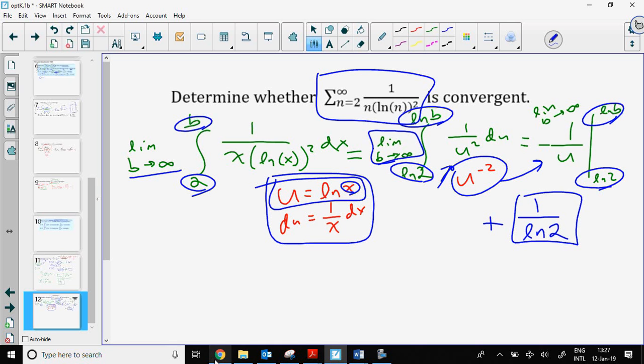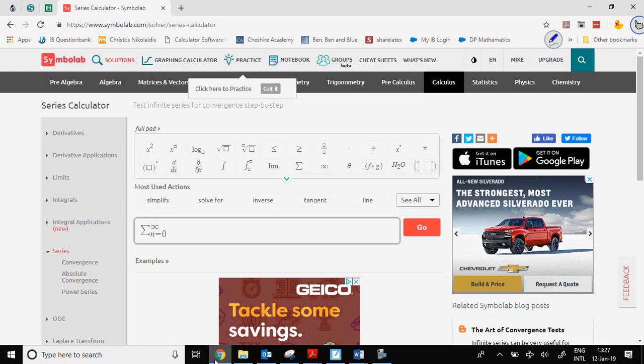If you're practicing at home and you just have no idea what to do, there are websites that can help you. I used to really strongly recommend Symbolab because they have a series calculator which used to show you all the steps, which was amazing. At some point in the last year, they've put that behind a paywall, so now you need an upgraded account.